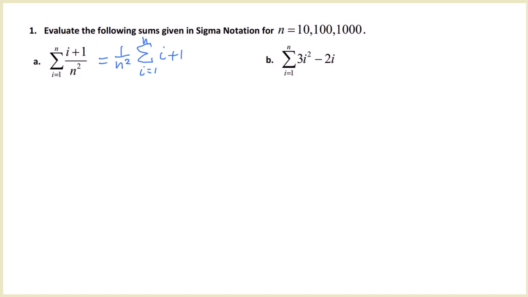I'm looking at the i plus 1 and I'm seeing, okay, I'm adding some things together. That means I can split them apart. So I could write it like this. I'm splitting the 1 apart from the i. I'm going to treat them differently.